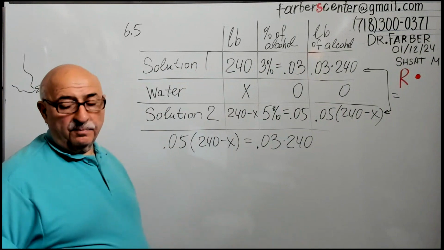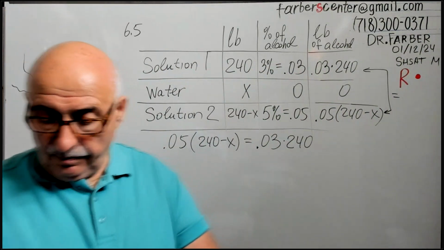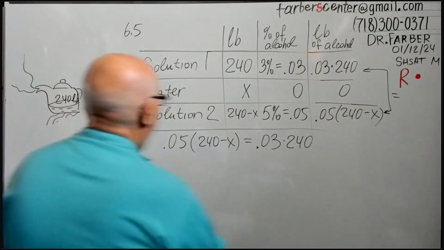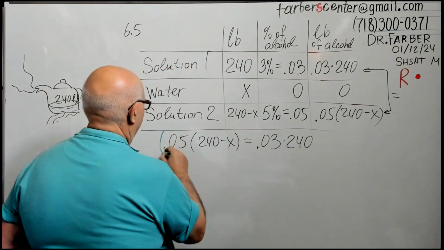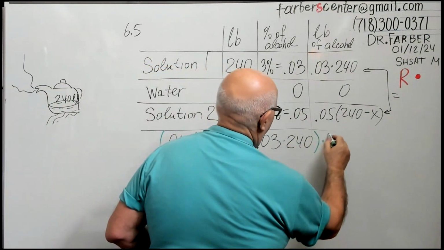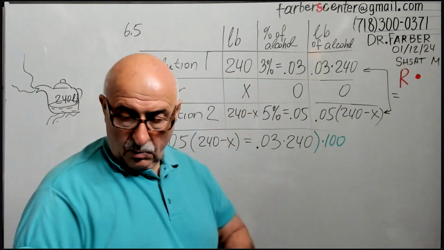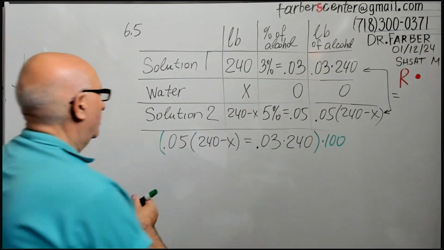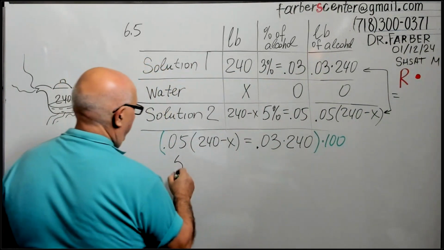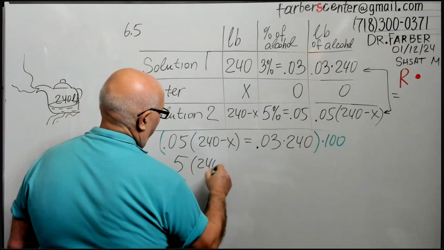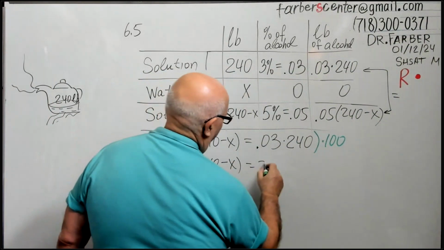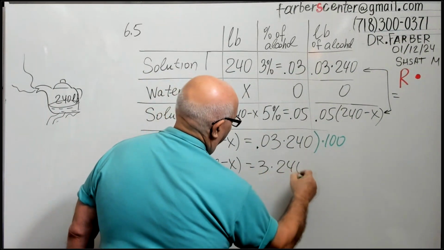So far so good. I take a different color and multiply both parts by 100 to get rid of these decimals. I have 5 times 240 minus X equals 3 times 240.